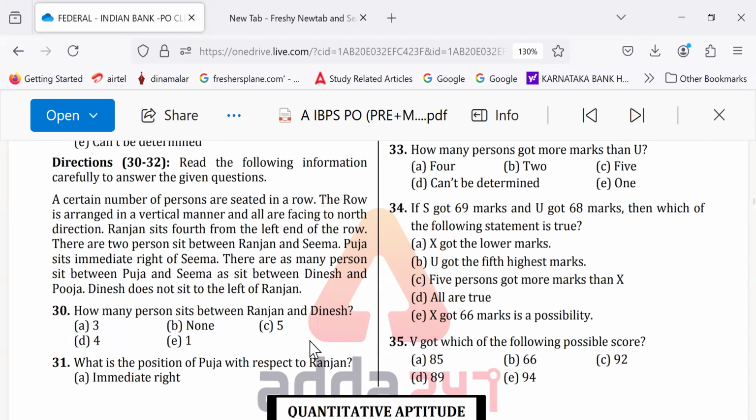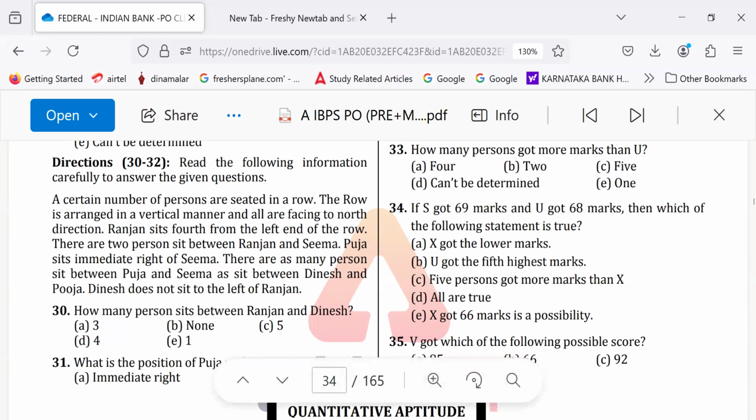Pooja, correct. Then Dinesh, where is he sitting? Dinesh is also to the immediate right of Pooja. Dinesh does not sit to the left of Ranjan. That means he is to the right only. There are as many persons sitting between Pooja and Seema as sit between Dinesh and Pooja.